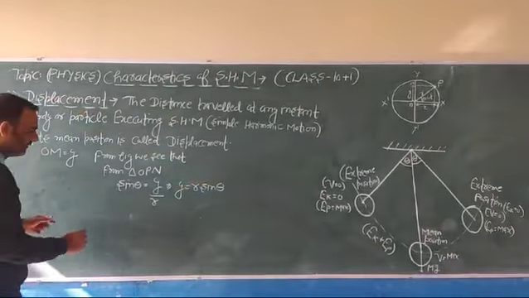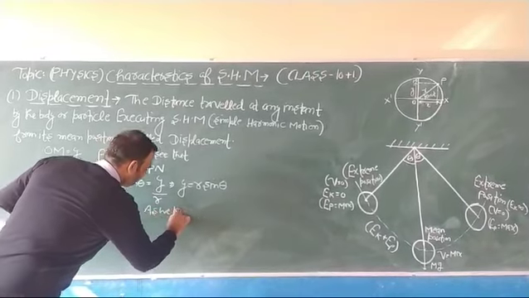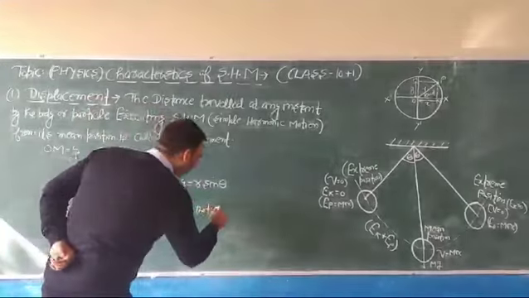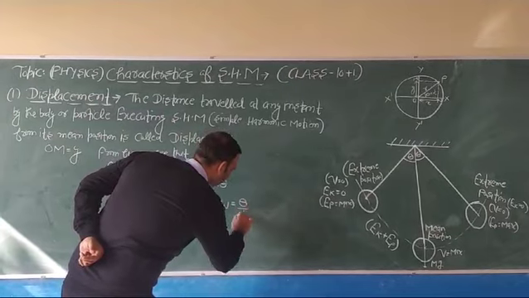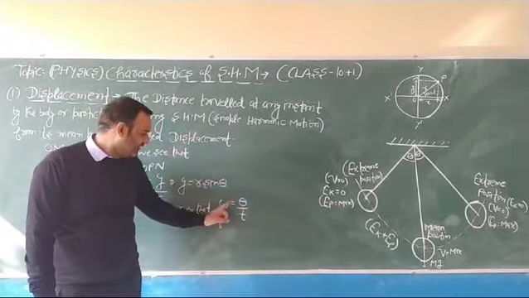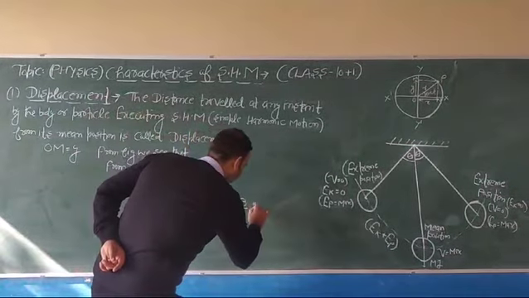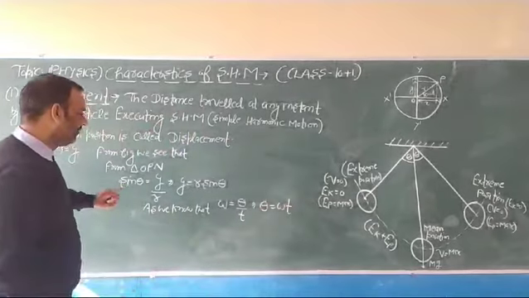And what does theta represent here? As we know, angular velocity omega is equal to angular displacement upon time. Omega is the angular velocity, theta is the angular displacement, t is the time. So theta is equal to omega t. We put this value here.